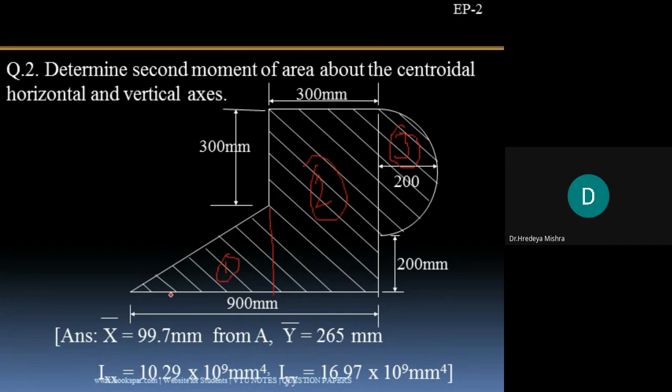Now we have three known geometries and we know the formulas for them: the triangle, the rectangle, and the semicircle.